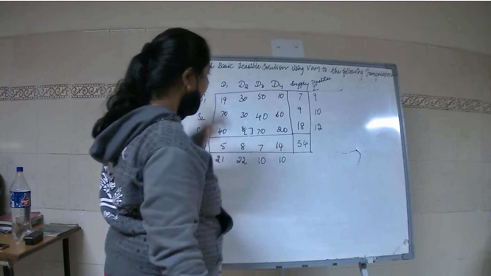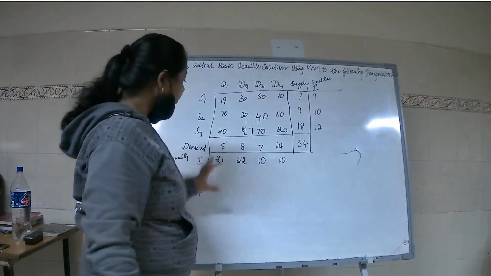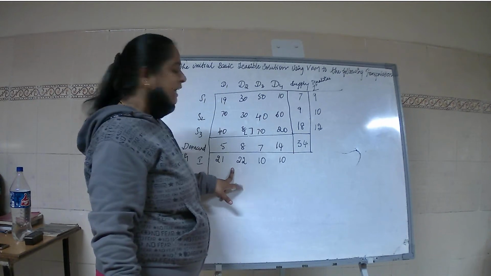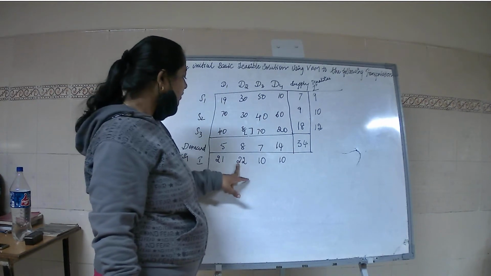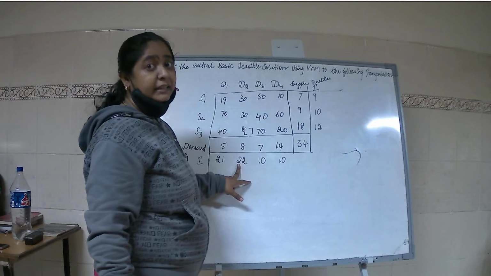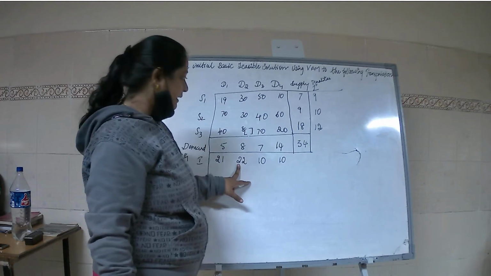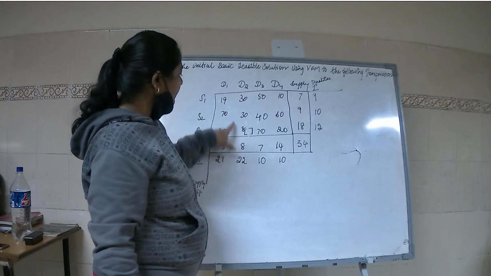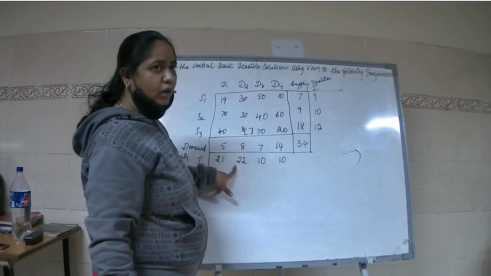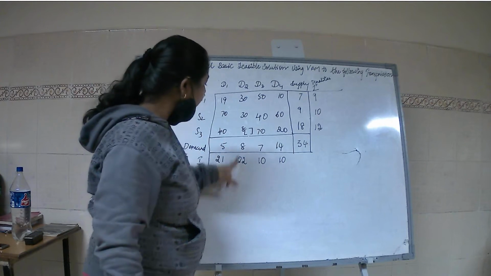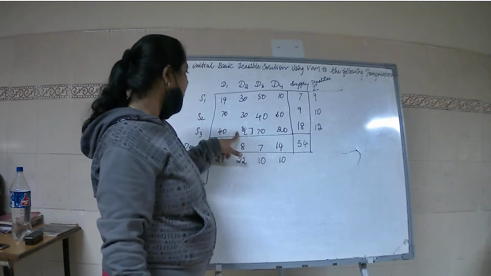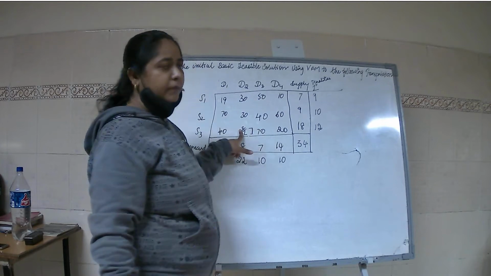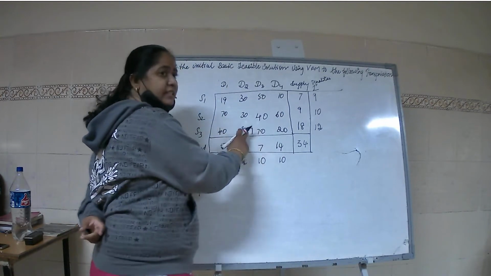Again I am telling you, students, you need to check the penalties in both rows and columns, and take the highest penalty. The highest is in column D2. In this column, check which is the minimum value. 8 is the minimum value, so I put the allocation there.